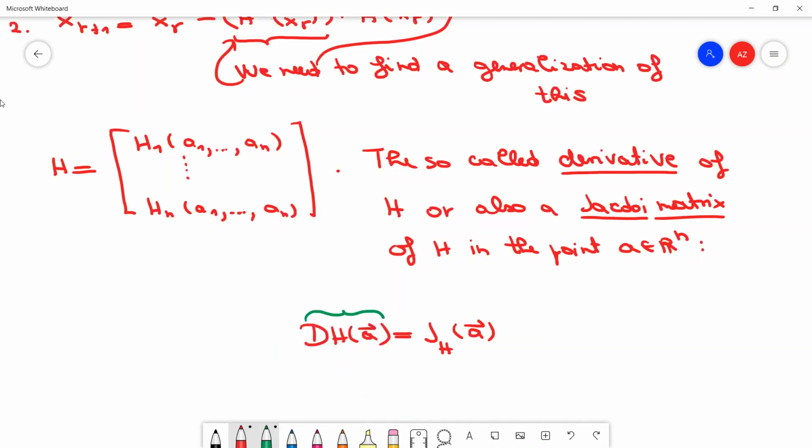This notation would stand for the derivative, and this notation would stand for the Jacobi matrix, but it is the same thing.